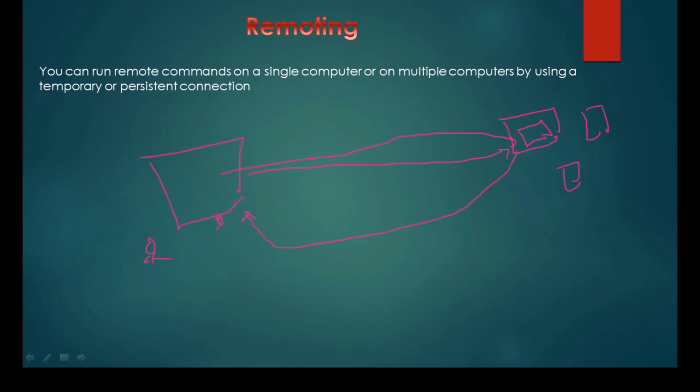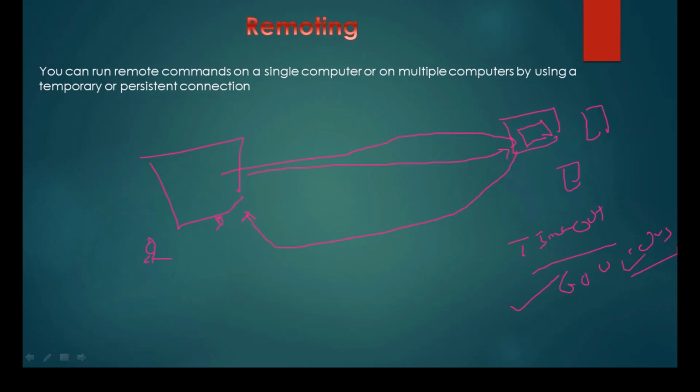It's going to stay persistent, which means it's going to stay until the timeout limit is reached. There is a timeout limit which is set by default, which is somewhere close to 60,000 milliseconds, I believe. So if you are not passing any commands during this time frame, then the PowerShell copy will close. If not, it will wait for the instructions to be passed.